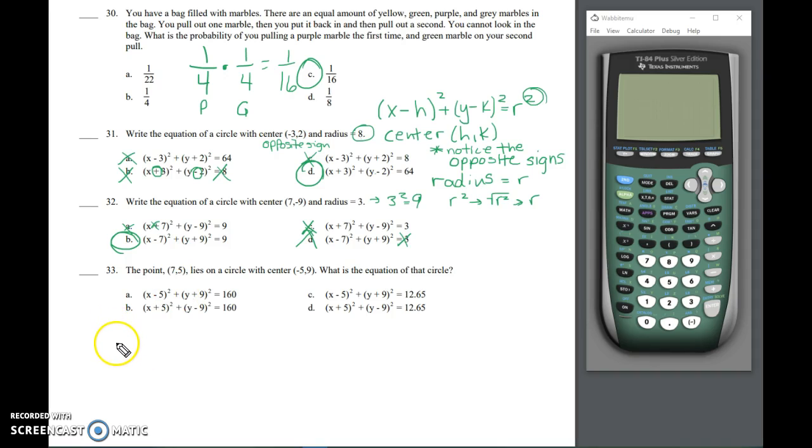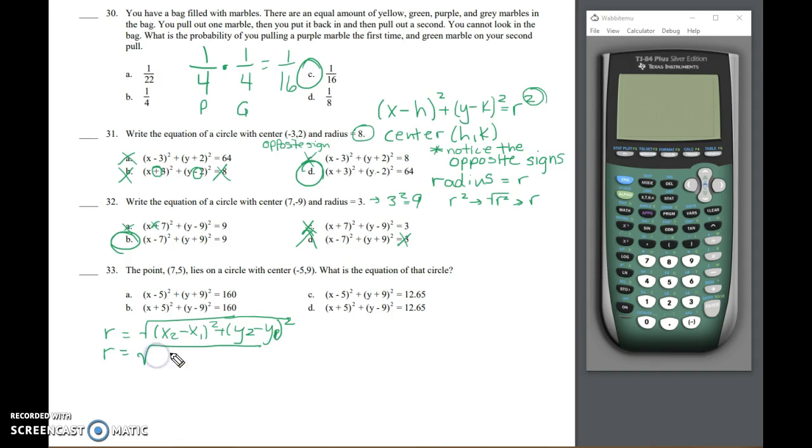So I'm going to use the distance formula, which is based on the Pythagorean theorem. We've had the distance formula earlier in the year, and it's the square root of (x2 minus x1) squared plus (y2 minus y1) squared, and again that's based off of the Pythagorean theorem, a squared plus b squared equals c squared.